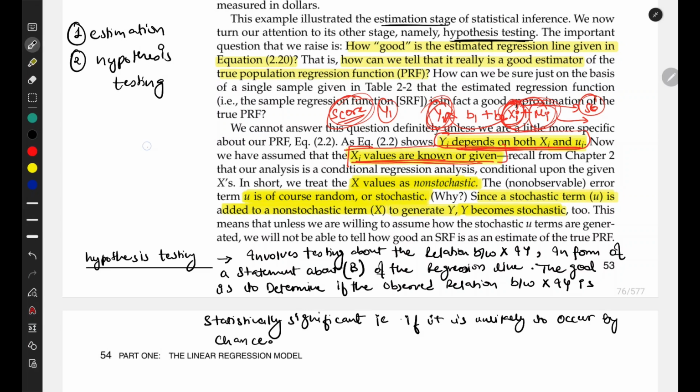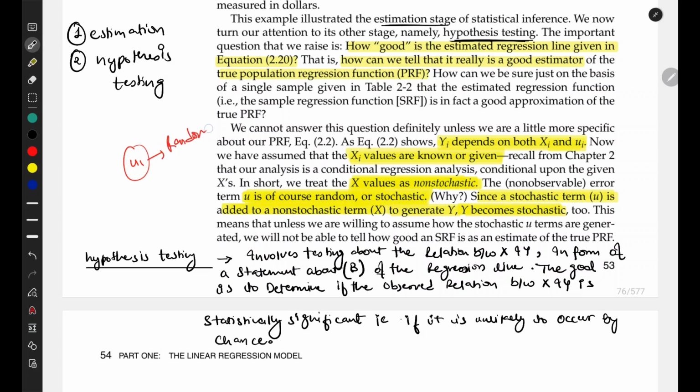Our xi values are not random, rather they are given to us, and our ui, our error values, are random. These error values are generated at random, and the other word for random is stochastic.